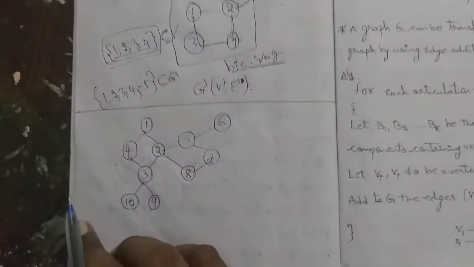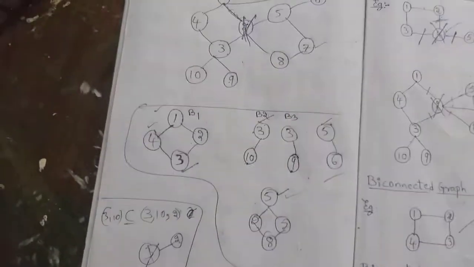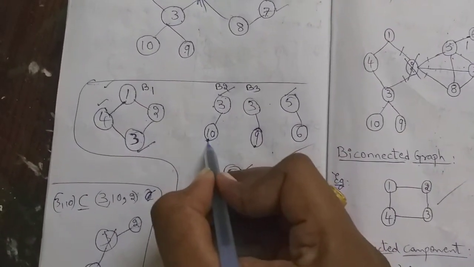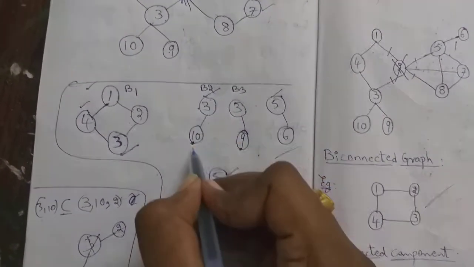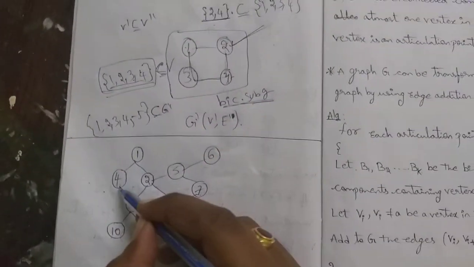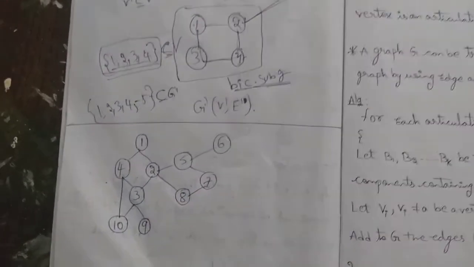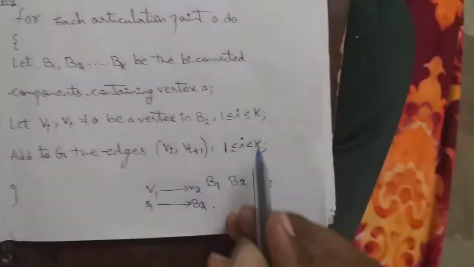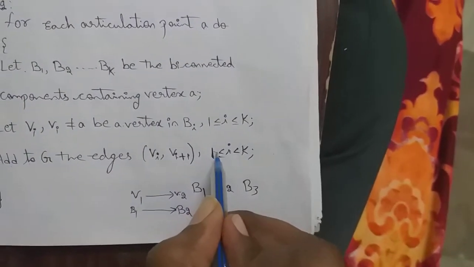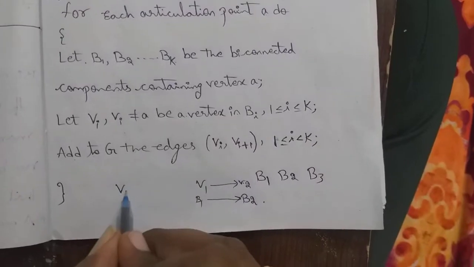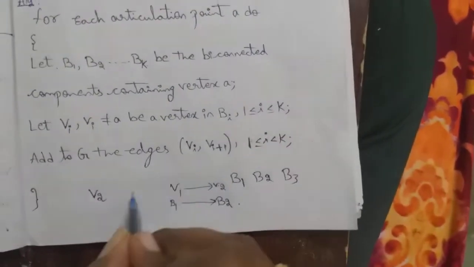In the main graph, I consider vertex 10 here, other than the articulation point vertex. We need to add an edge from 4 to 10. When i is equal to 1, that is what happens. Now I consider i equal to 2, which means V2 to V3.